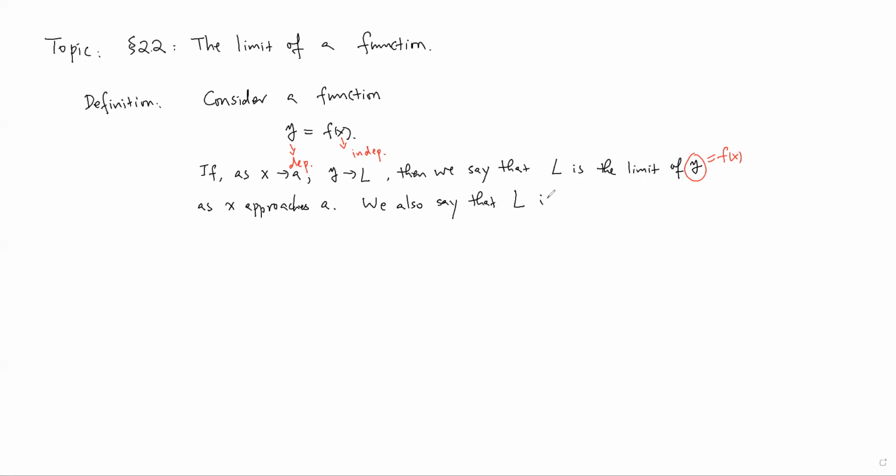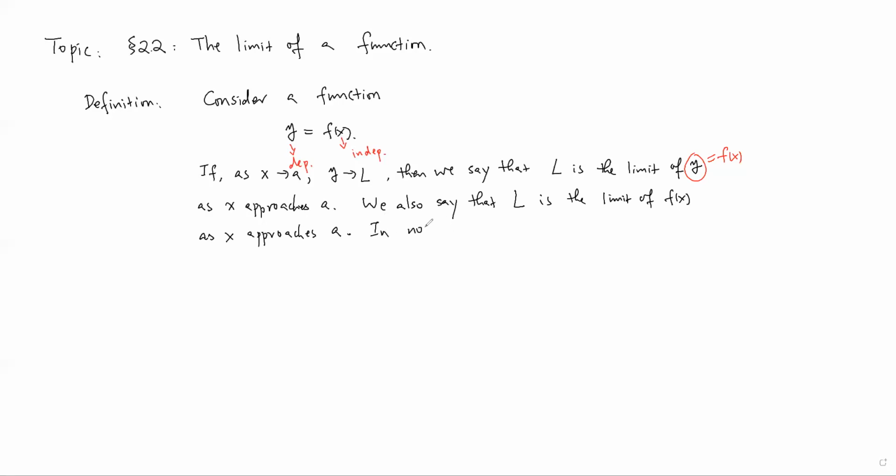L is the limit of function f as x approaches the point A. Shorthand notation.